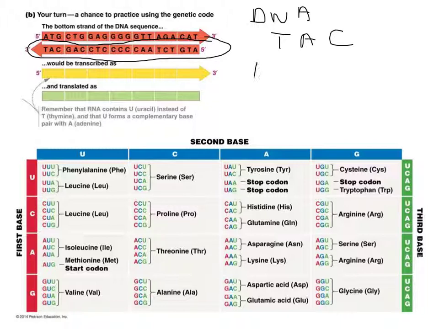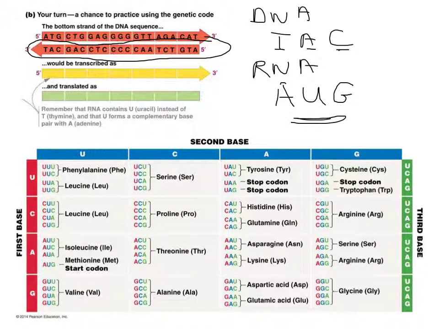The corresponding RNA, if we use the rules I talked about, where there's a T in the DNA, there's going to be an A in the RNA. Where there's an A in the DNA, there's going to be a U in the RNA. Where there's a C in the DNA, there's going to be a G in the RNA. Now let's translate that RNA codon. And if we look for that RNA codon, what we'll see is it corresponds to methionine.